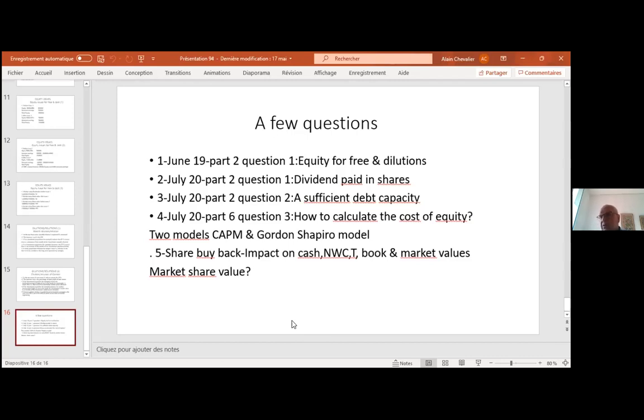So what's happened? You are a shareholder, an original shareholder, an old shareholder, if you prefer. And there's the announcement, as we read in the exercise: an equity issue for free with a criterion of 1 for 5. What are the consequences?